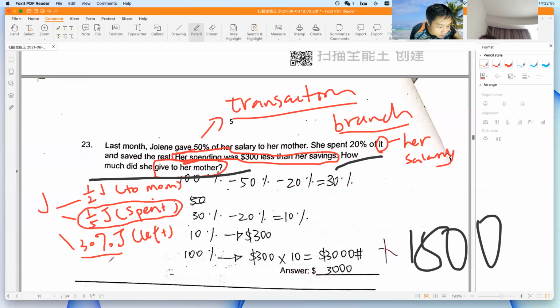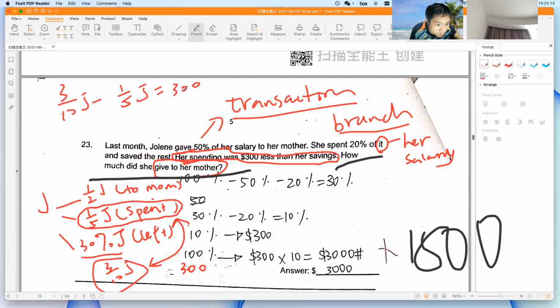Okay, so 30% is 3/10 J. So the difference between these two is $300. Okay, so you just have to figure out the difference of this is equal to 300. With this, then you can find out J. So J is 3K.